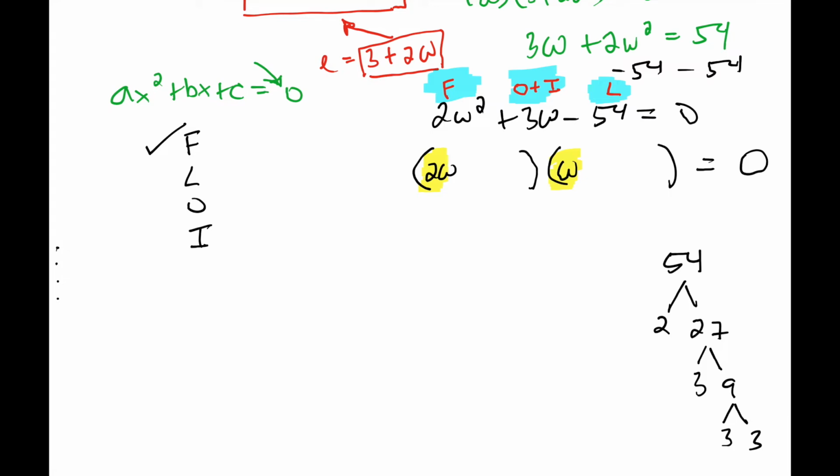So here's how you get 54. We can get it by doing 2, which is that 2 right there, times 3 times 3 times 3. So 2 times 3 times 3 times 3. Right? So for instance, this is 6. Is that right? 2 times 27, 3 times 9, 3 times 3 times 3.